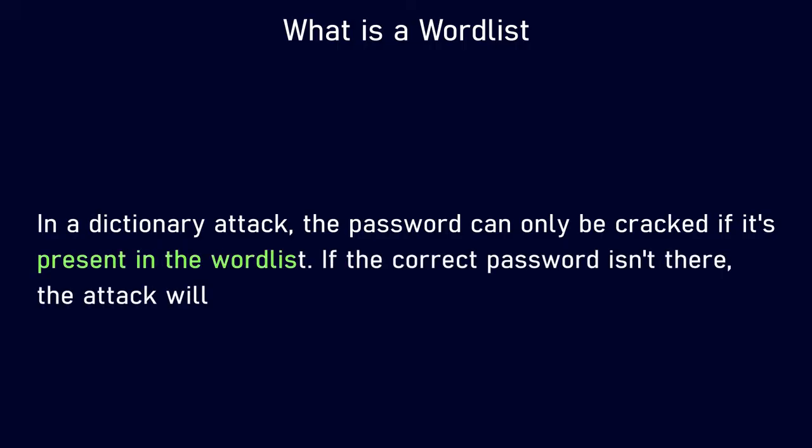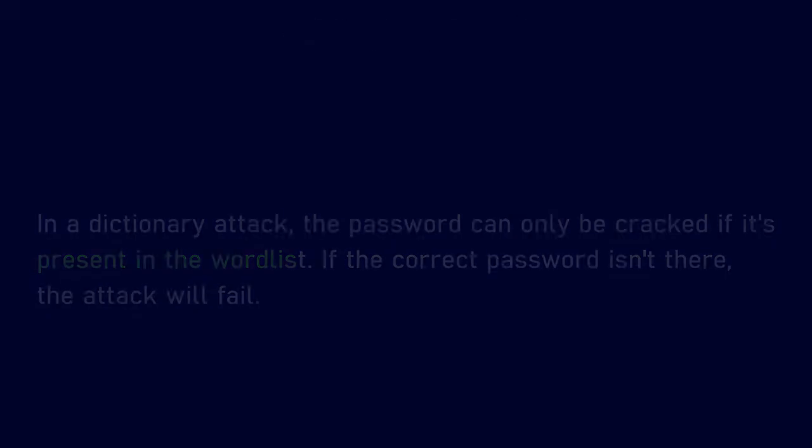If the correct password is not there, the attack will fail. This is a very basic overview of how it all actually works, but it is enough for you to understand how the cracking works. Explaining everything in detail would require a crash course in cryptography, which is beyond the scope of this course. Now let's discuss a brute force attack.